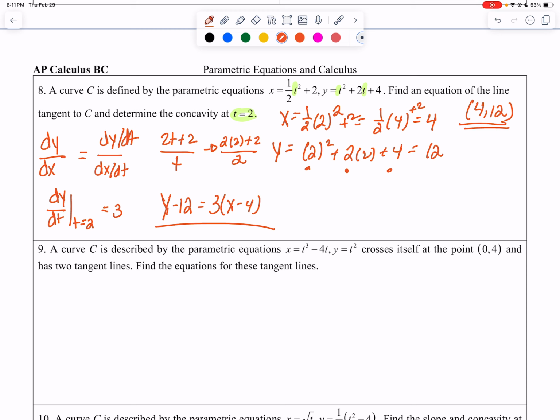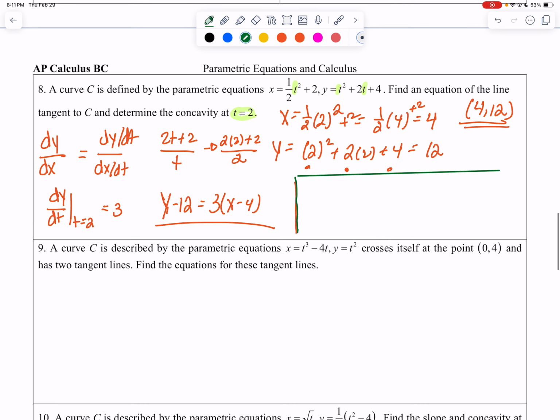It also says determine the concavity at t is equal to 2. So I am going to be taking the second derivative. Remember that the second derivative just means that I'm going to be taking the dy/dx with respect to t. In this case, I already know that that's going to be 2t plus 2 over t. I'm actually going to clean that up a little bit.